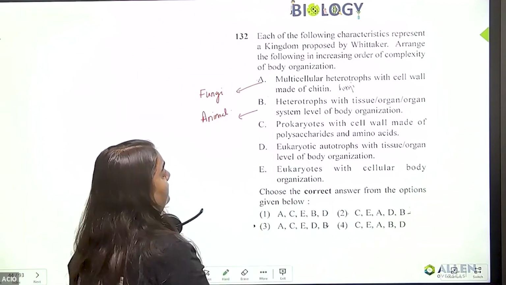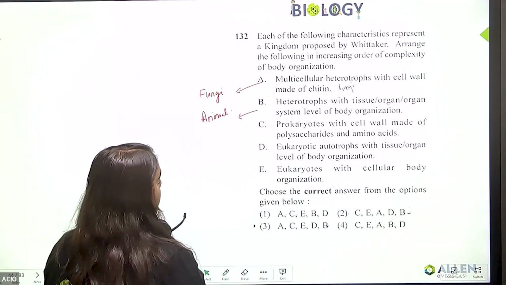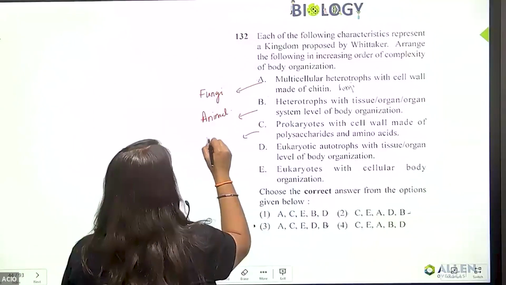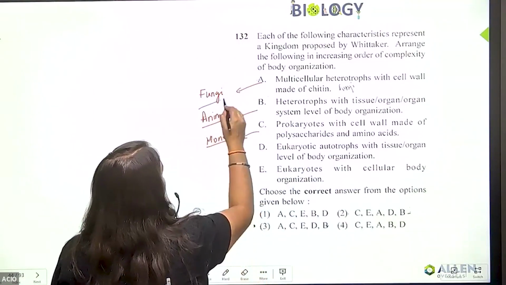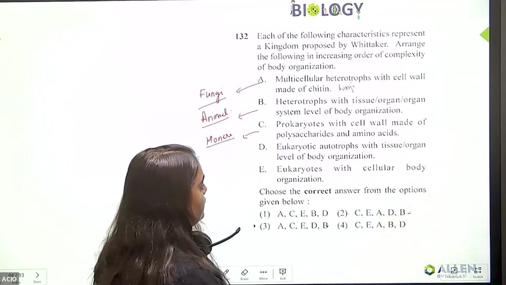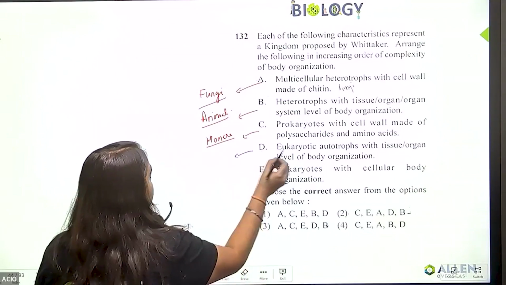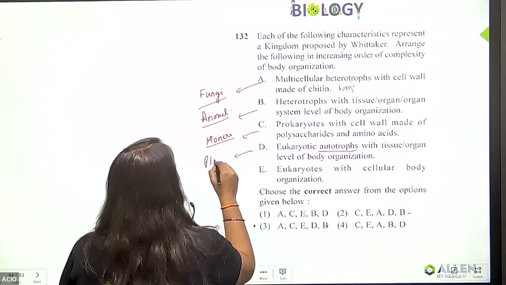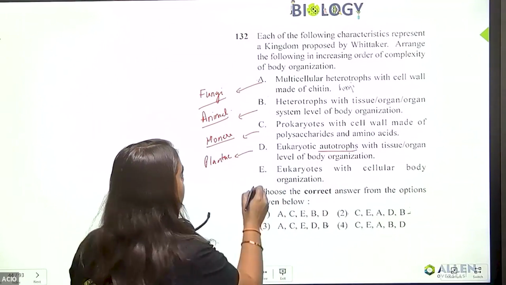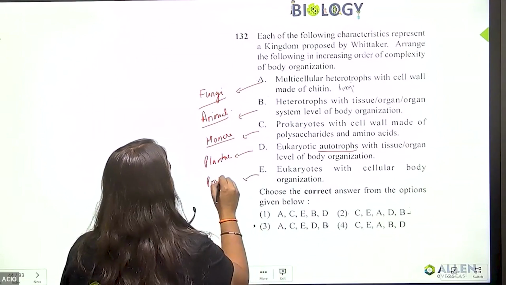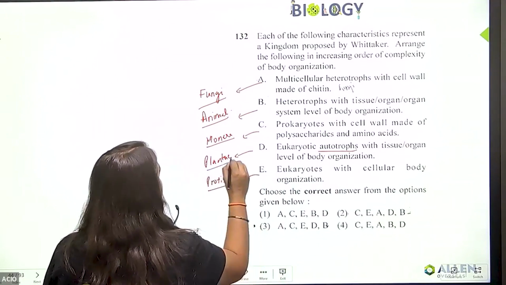Then prokaryotes with cell wall made up of polysaccharides. That is your Monera, the prokaryotes. Next, eukaryotic autotroph with tissue organ level of organization. Autotrophs means we are talking about plantae. They are plants. Eukaryotes with cellular body organization. This is Protista, unicellular eukaryotes.